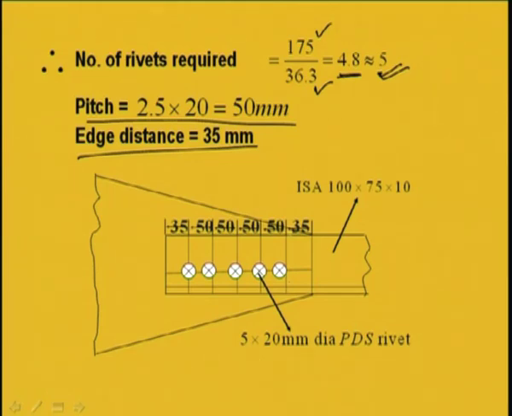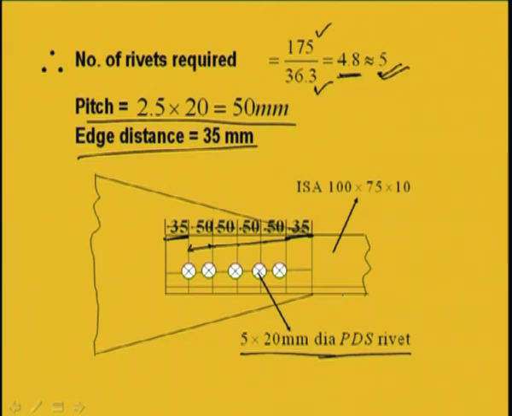Edge distance will be 35 and pitch distance will be 50 each, and 5 rivets will be there. So 5 rivets of 20 mm diameter, power driven shop rivets will be used, and we can find out accordingly all the details. In this way we can design a member and we can make its connections also. So this is the way we can make it.